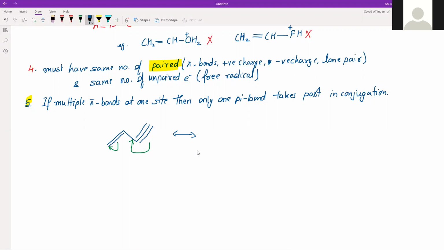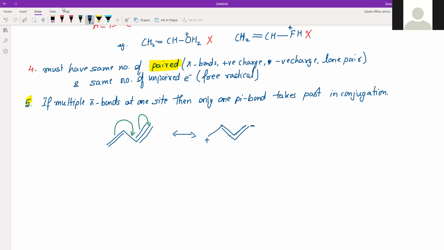So what we will get is a negative charge here and a positive charge on this carbon.